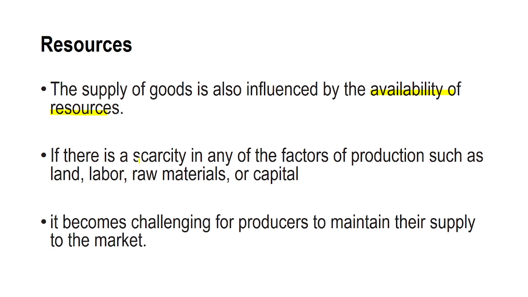If there is a scarcity in any factors of production such as land, labor, raw materials, or capital, it becomes challenging for producers to maintain their supply to the market. So, if there is a scarcity in resources, the supply is decreased. And we show this decrease by shifting the supply curve to the left.